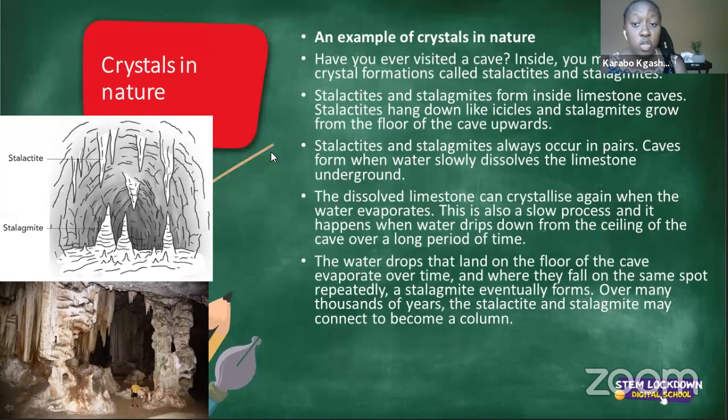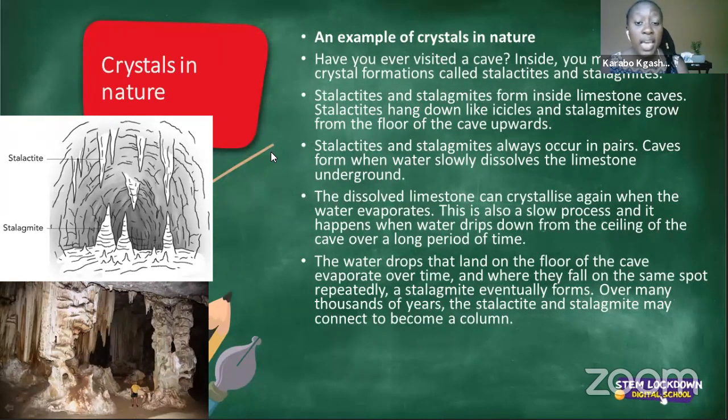This is also a slow process and it happens when water drips down from the ceiling of the cave over a long period of time. The water drops that land on the floor of the cave evaporate over time, and where they fall on the same spot repeatedly, a stalagmite eventually forms.